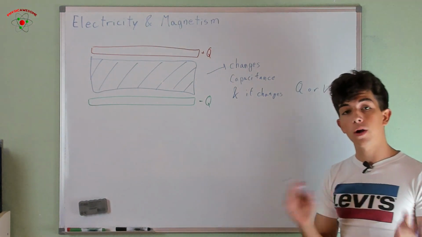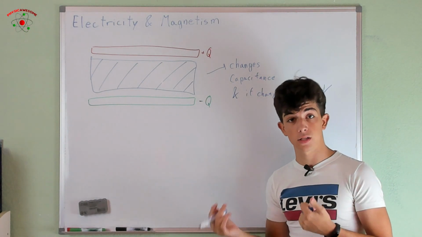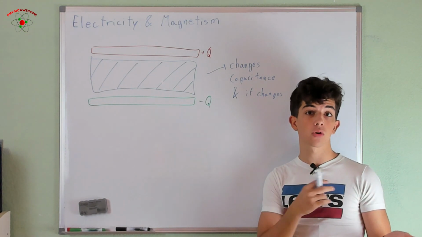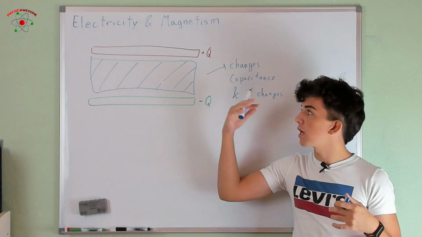So it changes one of those two things. There are conventions in which you assume it changes Q, and conventions in which you assume it changes the voltage, to take into account this effect.